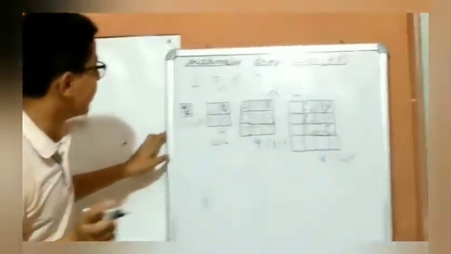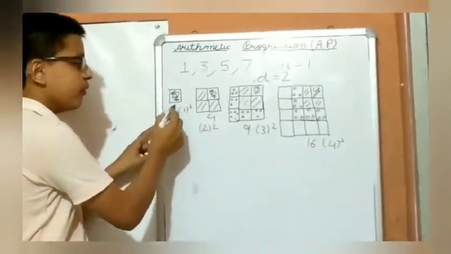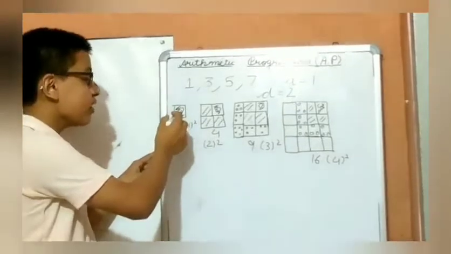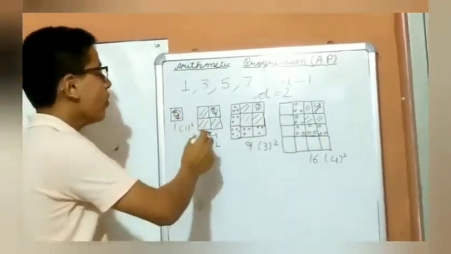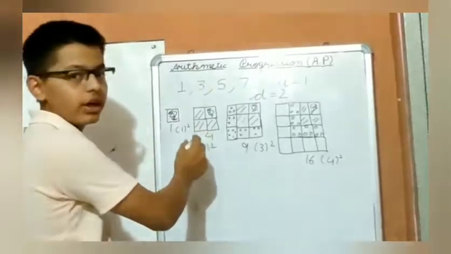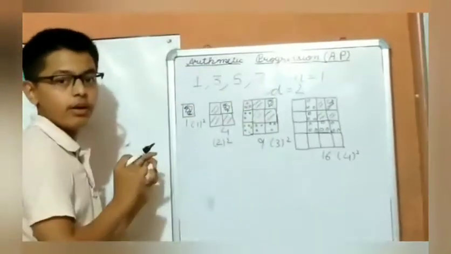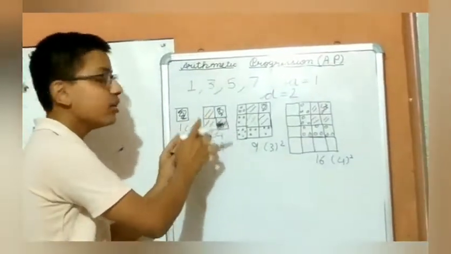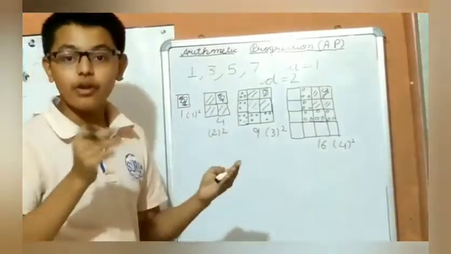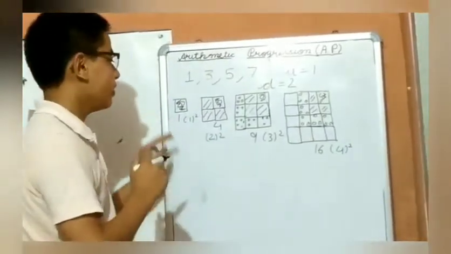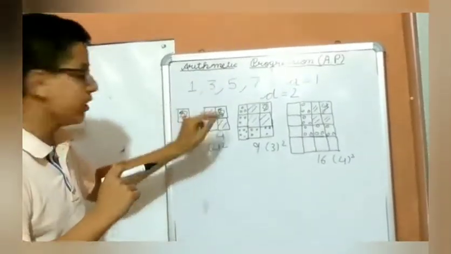So here we observe 1 square, 1, which we have represented like this square. And now moving on, 2 square, 4. What we have done is keep this box here. So what we get is 2 square. So this is how we get the squares, by adding odd numbers. This is how we can visualize that.